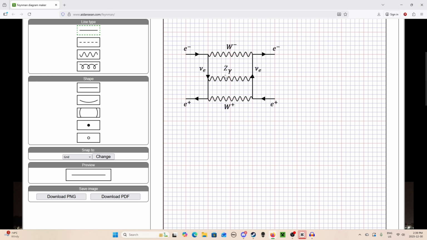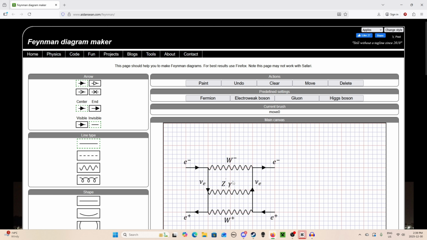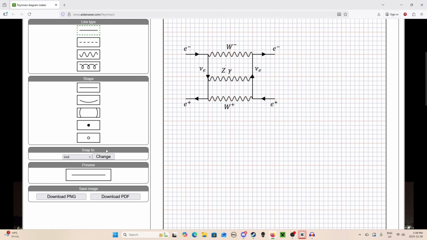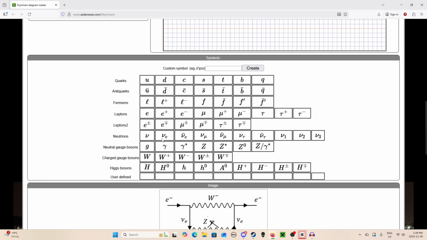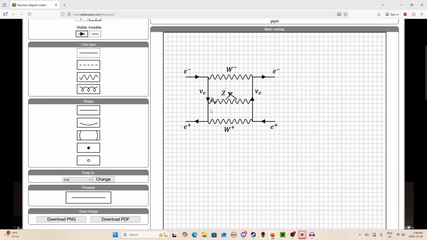Let's do that. This system isn't my favorite, but if instead of a photon we used a Z boson interacting, then these would turn into their anti-electron neutrinos.